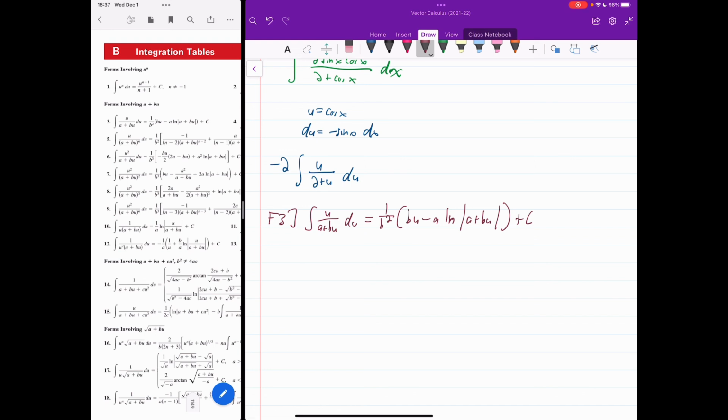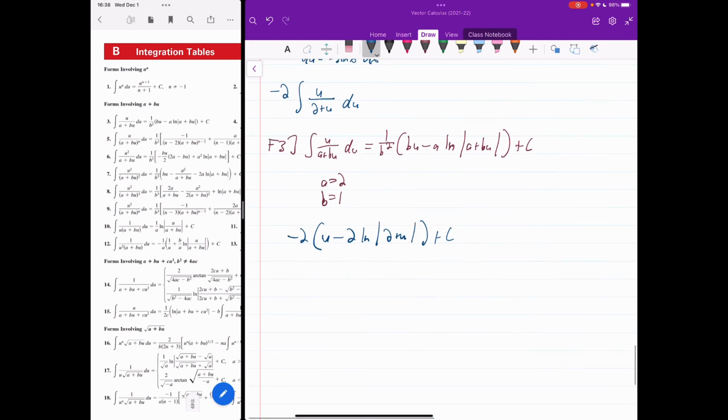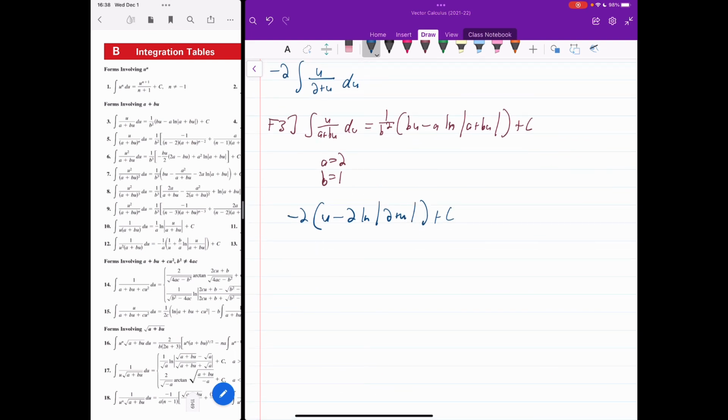So if I just now say, okay, a would be equal to 2 and b would be 1, then we can change this whole thing to be negative 2, let's write that in blue, times 1 over b squared, so 1, bu would be u, minus 2 ln of absolute value of 2 plus u, plus c, and then you can just plug your u's back in and distribute the negative 2.